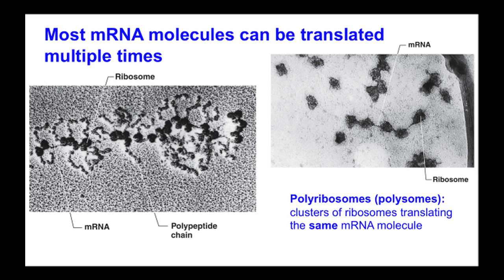So while the one at the end, when it gets to the 3' end, releases the messenger RNA and disassembles, the other ones are still going along the process and attached. These factories where multiple ribosomes are working on the same messenger RNA are called polyribosomes or polysomes. And that is it.